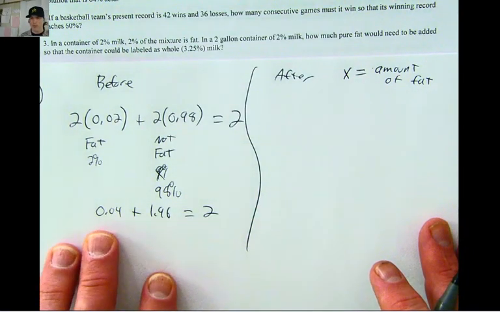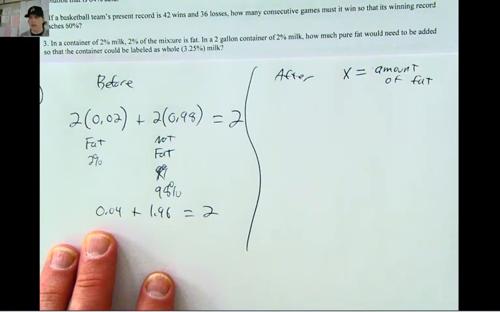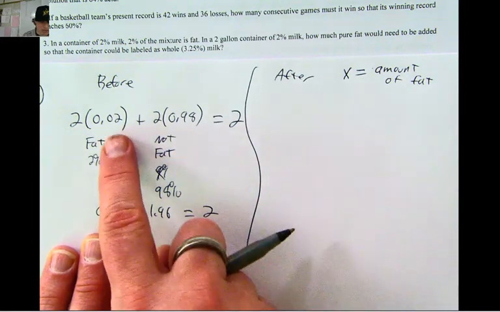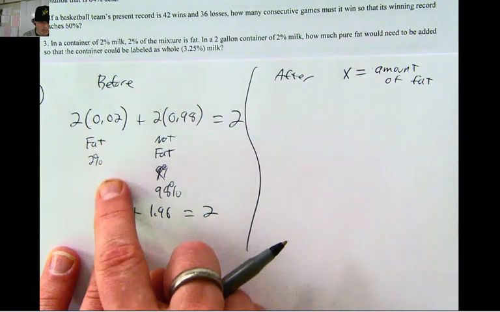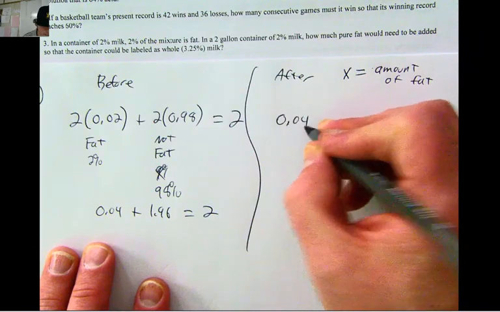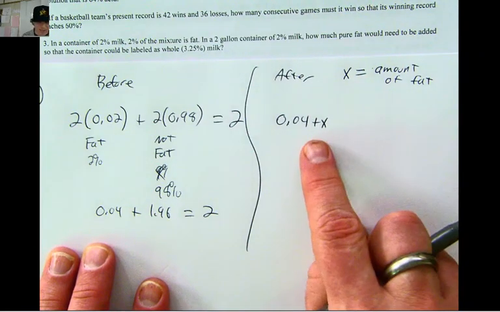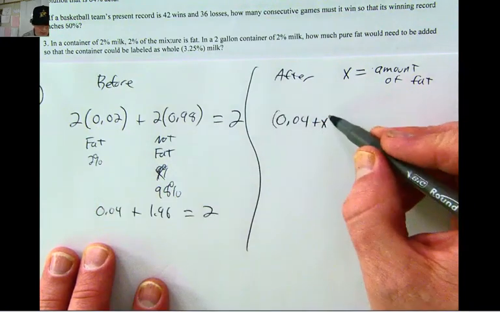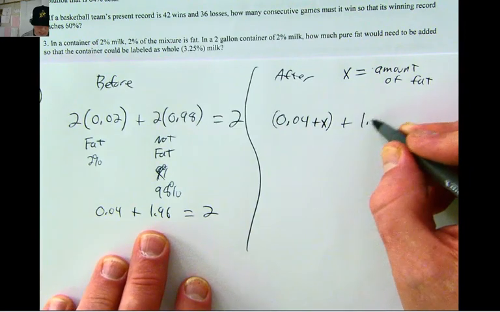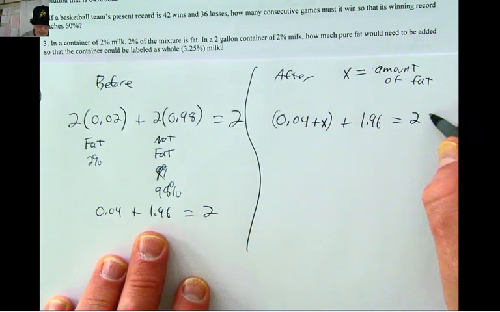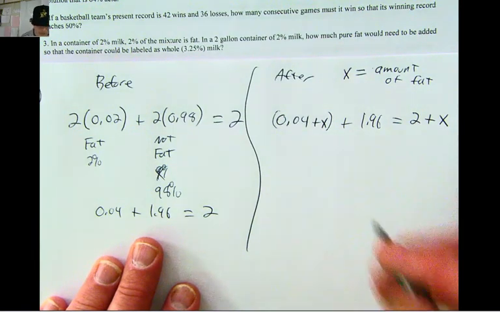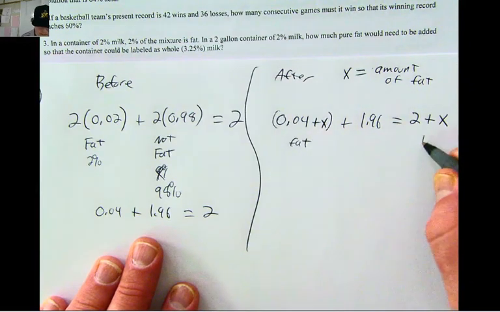But I'm going to take this 0.04 and add pure fat to it. So it'd be 0.04 plus x, so we're adding the fat to the fat part of the mixture, plus this 1.96 is equal to 2 plus x. So this is the amount of fat and this is the total.